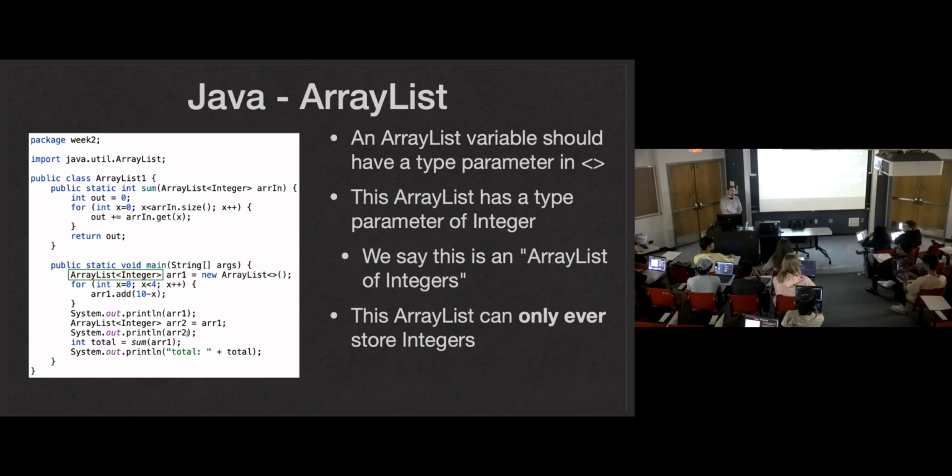Yes? You have different types of array lists, like integers and strings? Nope. So you have to stick with the type in the type parameter. Well, kind of. I'll give a little asterisk on that one. Once you specify the type, you can only store values of that type. There are ways we can mix types.